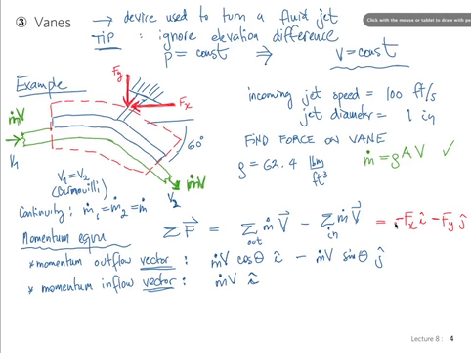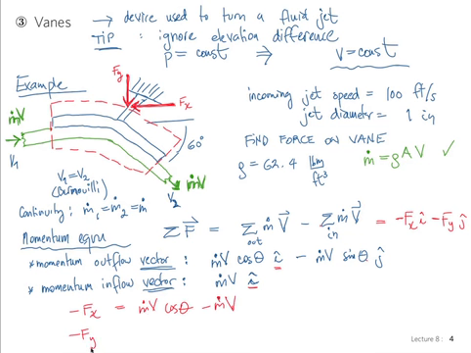We can do this component-wise, and I can do immediately minus Fx, that component is equal to, so I have to add everything that is going in the x direction. I have m dot v cosine theta, this term here, and minus, because inflow is always with a minus sign from my equation here, minus m dot v.